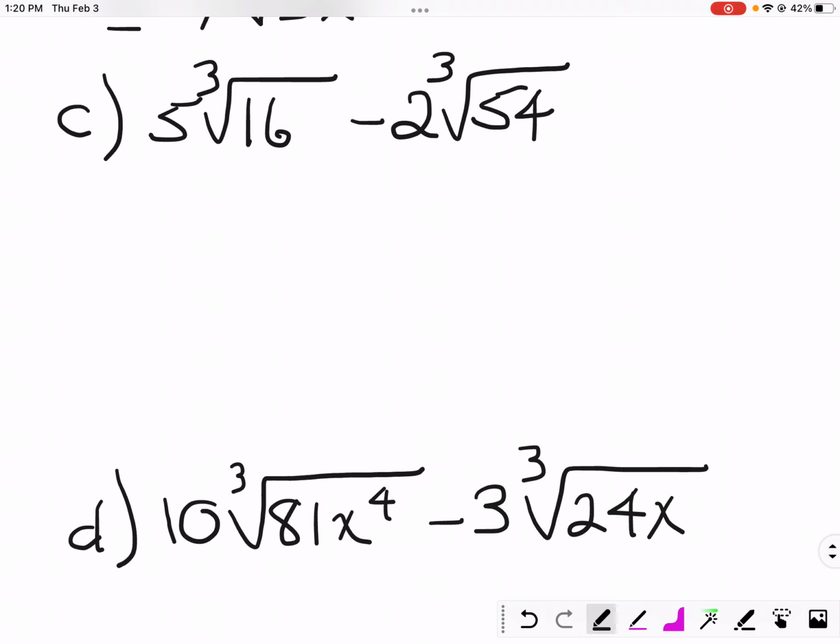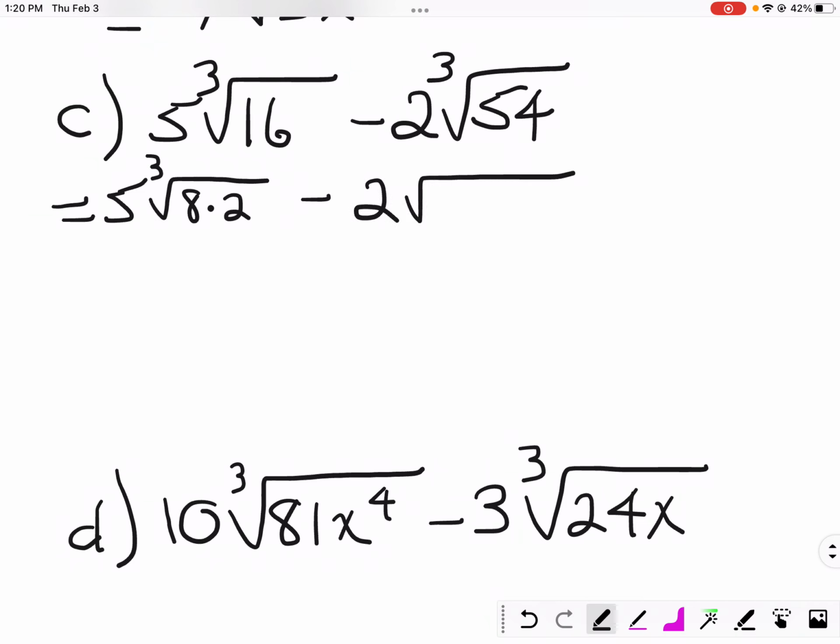This time we're dealing with cube roots. We're looking for factors of 16 and 54 that are perfect cubes. Things like 8 and 27 and 64 and 125. 16 is 8 times 2. 54 is 27 times 2.